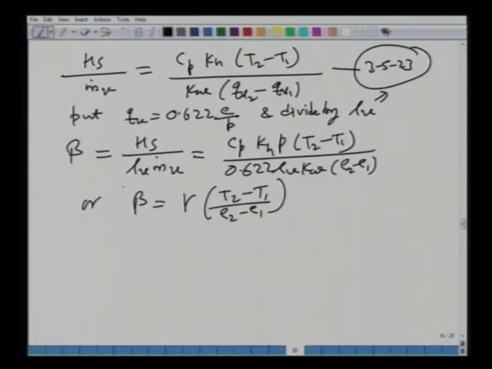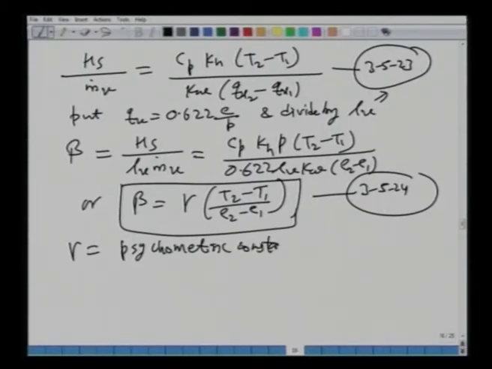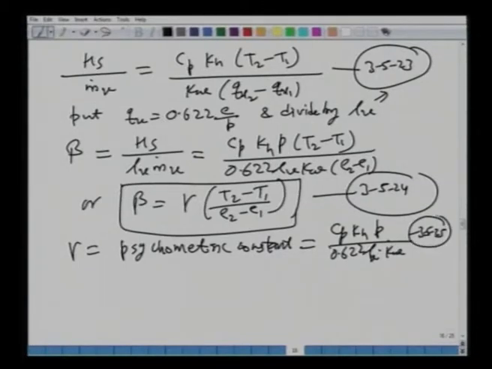Okay. This you say is your equation number 3.5.24. Okay. And this gamma is called the psychrometric constant, which is C p K h P over 0.622 L v K w. Okay. This is 3.5.25, which is the definition of your gamma.